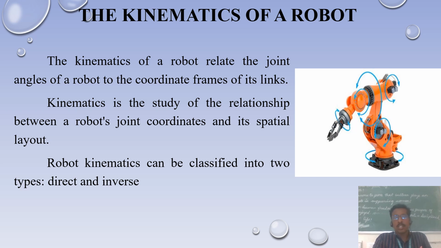So the next topic we are entering into in the robotic system is the kinematics of a robot. What do we mean by kinematics? It is related with the joint angles. Here you can see some of the different types of joints.